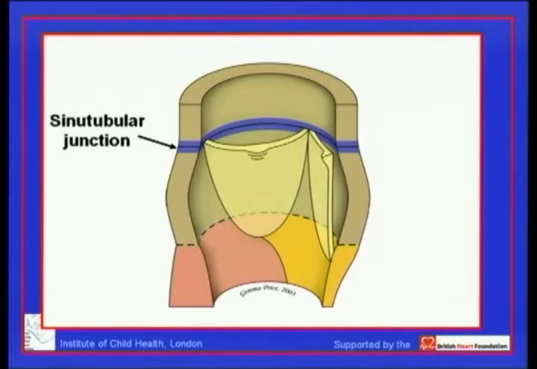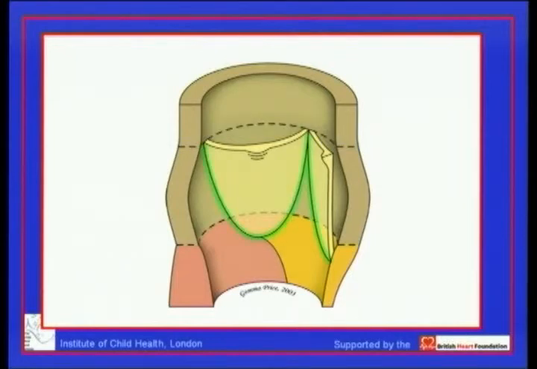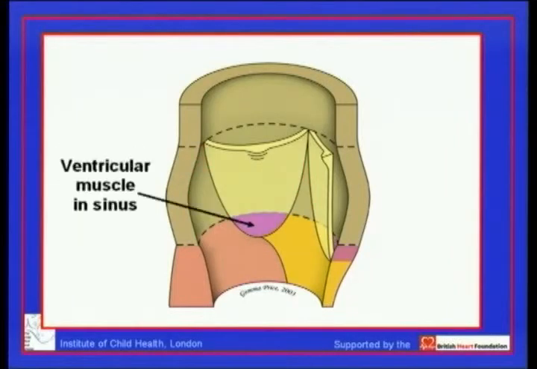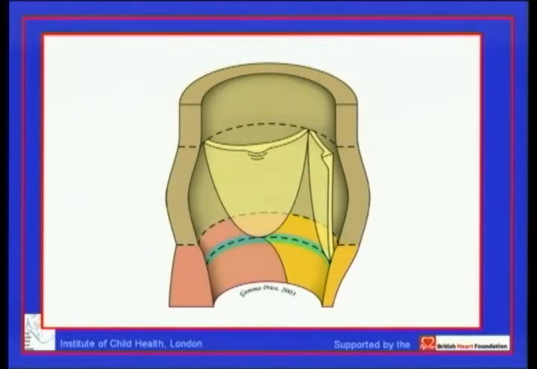But then the key to understanding of valvar function is that the hinge points of the arterial leaflets cross the anatomic ventricular arterial junction, and because of this semilunar hinge, triangles of aortic wall are incorporated as part of the left ventricle, whereas crescents of ventricular structure are incorporated as part of the sinus.